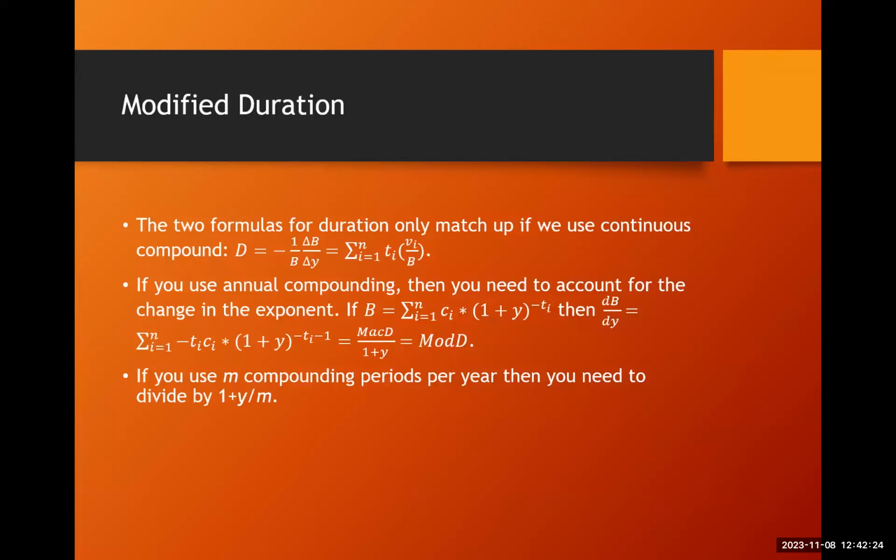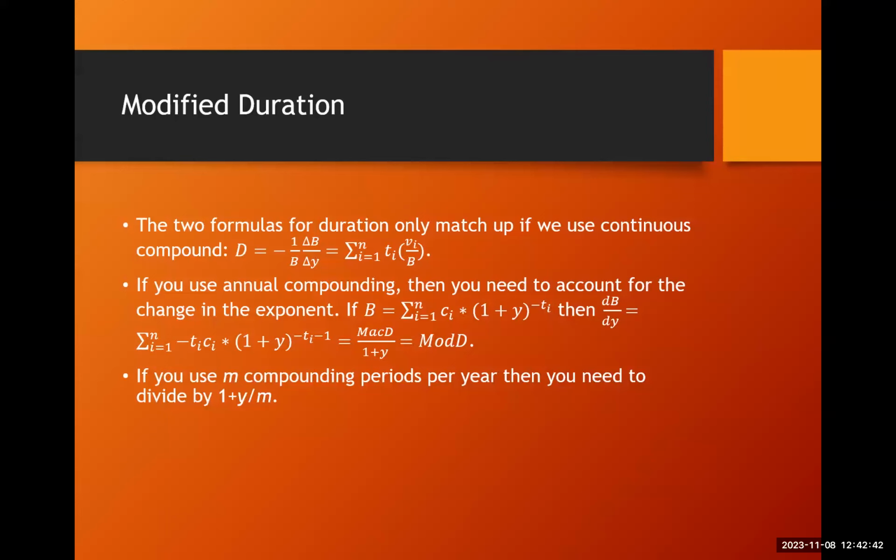We then discussed the idea of modified duration, which is an adjustment you have to make when you don't have continuous compounding. If you have annual compounding, then this derivative operation and the weighted sum explanation aren't exactly equal.